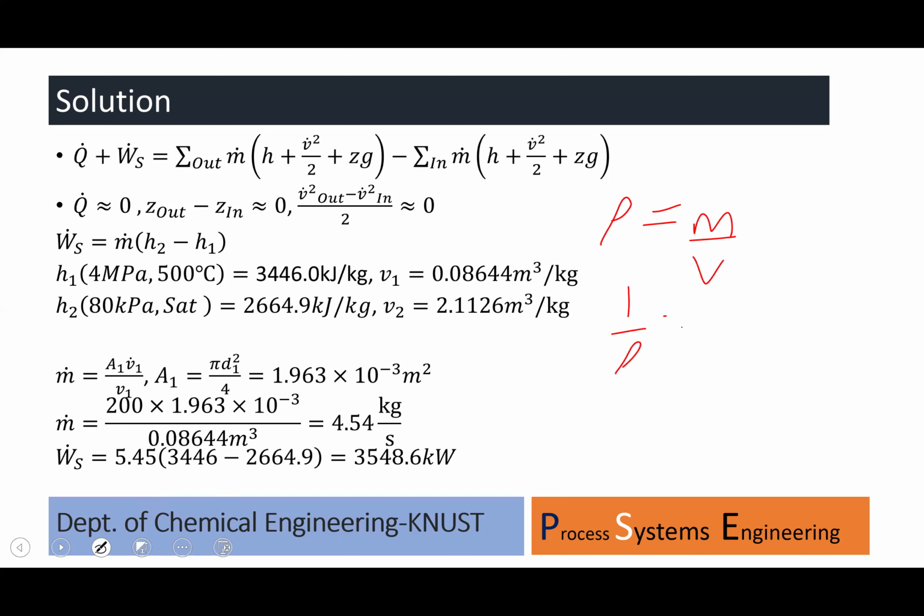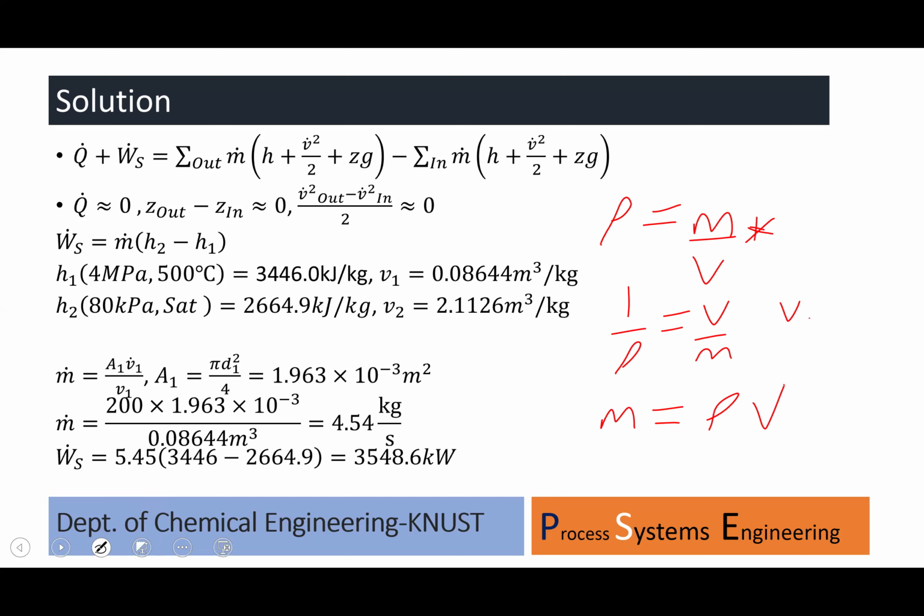So 1 over density is volume over mass. That's my specific volume. So we also read those values from the steam table, right? But then, from this relation here, we can say that mass is equal to density times volume. And we said 1 over density is the same as specific volume.